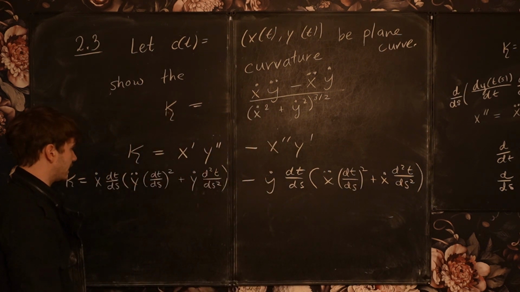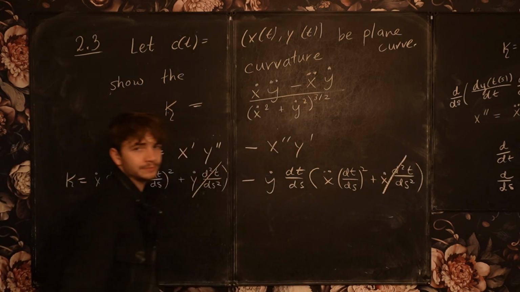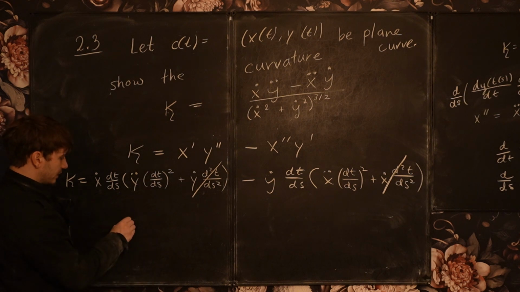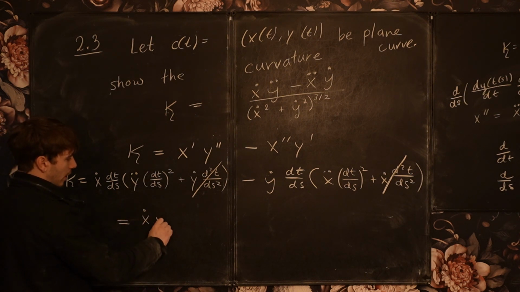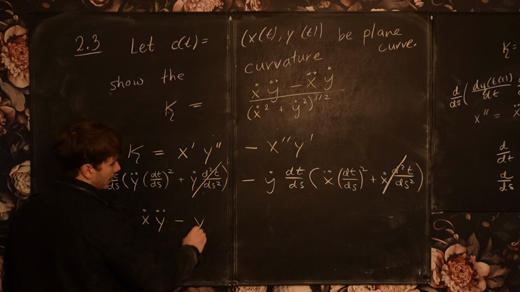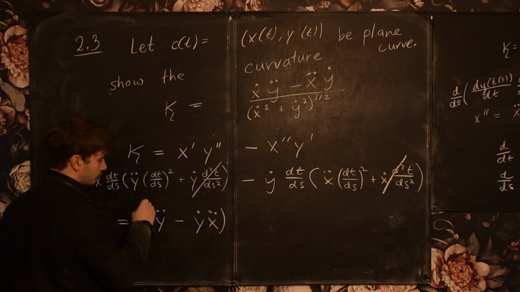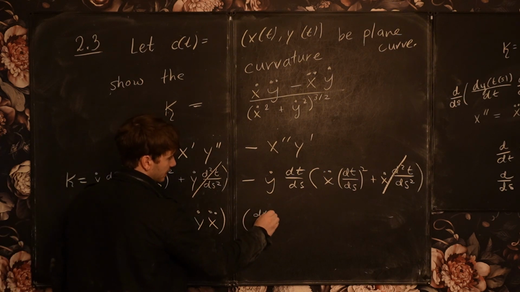So these two terms cancel, and I'm just left with x dot y double dot minus y dot x double dot multiplied by dt over ds cubed.